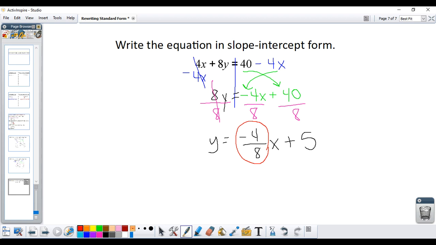Since 4 is the biggest number that they share, I'm going to divide by 4. And when I do that, I get y equals negative 4 divided by 4 is negative 1. And then 8 divided by 4 is 2. And then everything else stays the same.